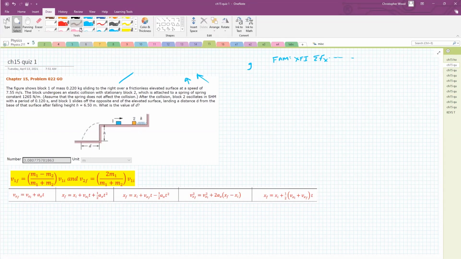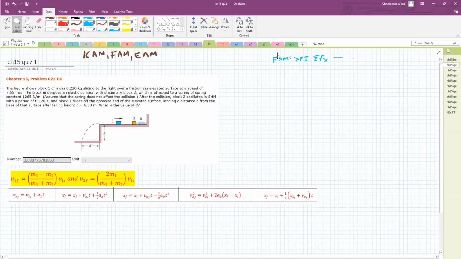We know we're smart about the kinematics analysis method, force analysis method, energy analysis method, and we're just going to stick to our guns and keep doing the same thing, all this chapter 1 through 8 stuff. And now we're just going to drill down on situations that involve this magical restorative force.